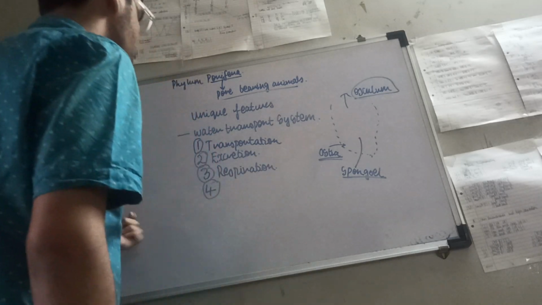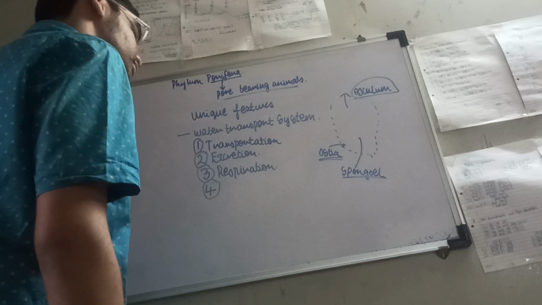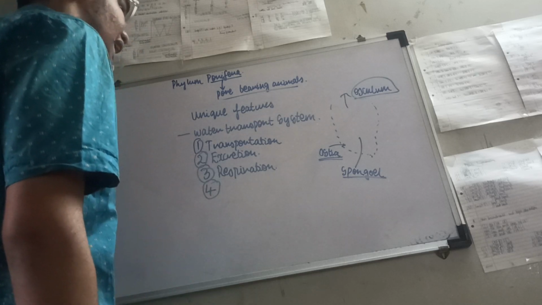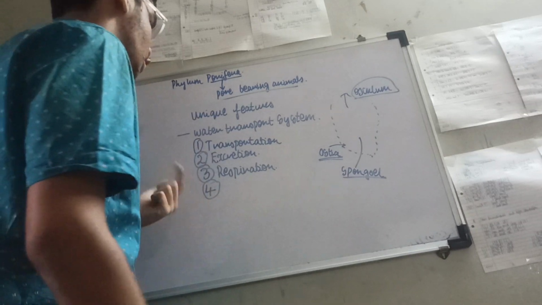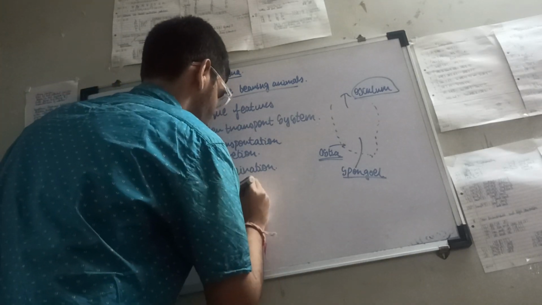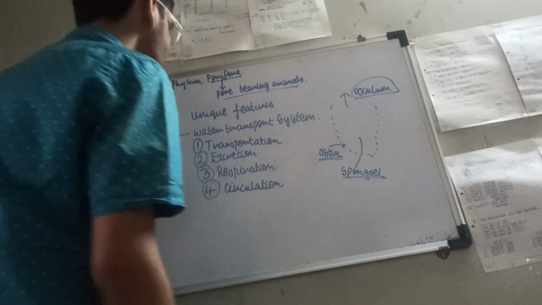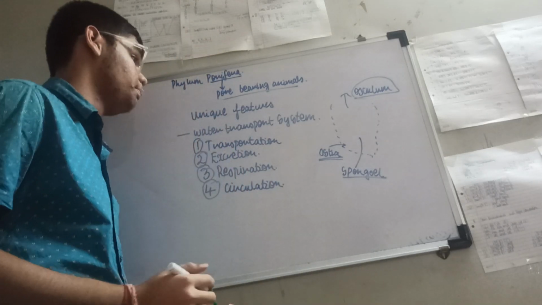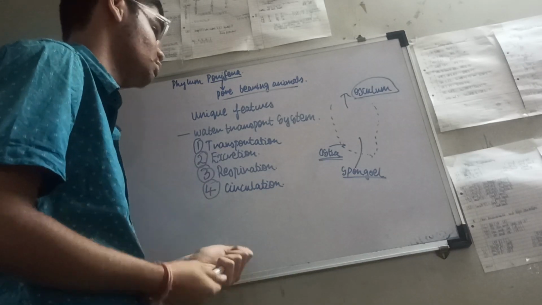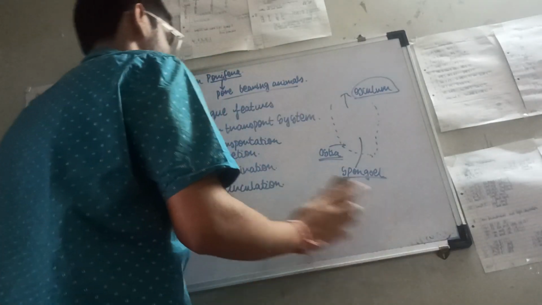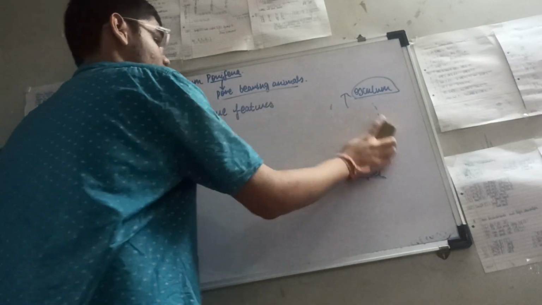And also, fourthly, for circulation of water. So this is the importance of the water vascular system. So let's go into detail of the water vascular system, and let's discover their body.